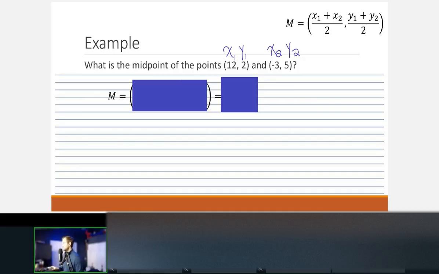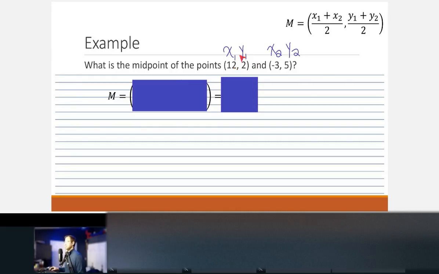Do you think it matters if I call my first set X sub 1 and Y sub 1 and my second coordinate X sub 2, Y sub 2? Could I have flip-flopped the naming? Yes, I could have. It doesn't matter. We could have easily called this X sub 1 and Y sub 1 and this X sub 2 and Y sub 2. Just be consistent.